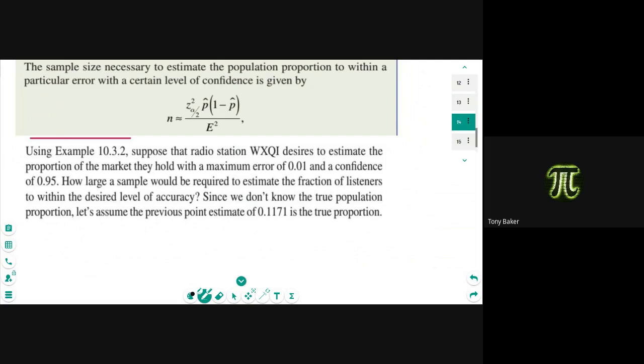I'm using the formula that's right there. So Z is 1.96. I'm going to show you the Desmos in a second. And then my proportion is going to be 50%, so 0.5. And then I do 1 minus 0.5. And I want my error as 3%. So what's that going to be as a decimal? 0.03?